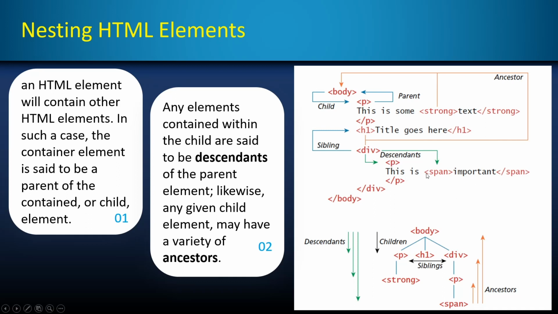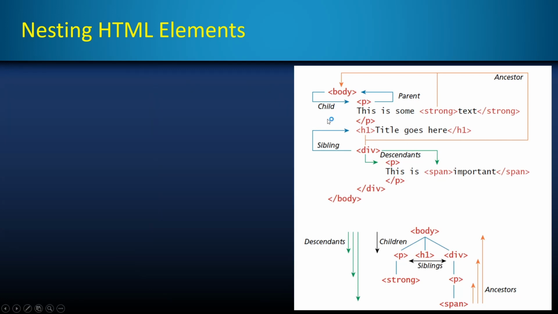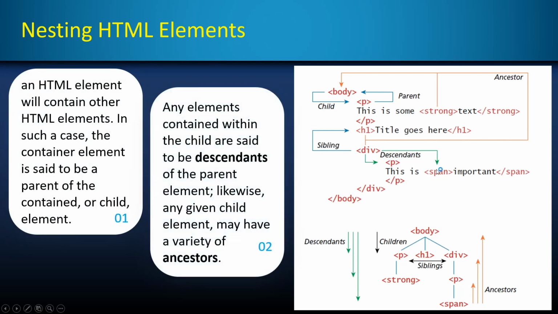Then we have a span tag for specifying the style of that text. Then the paragraph ends, the division ends, the body ends. Body will be the root for all these children.